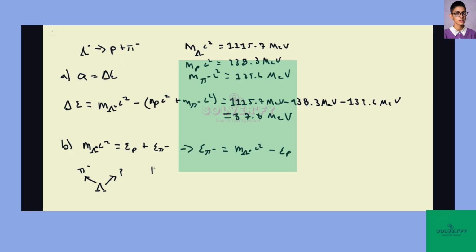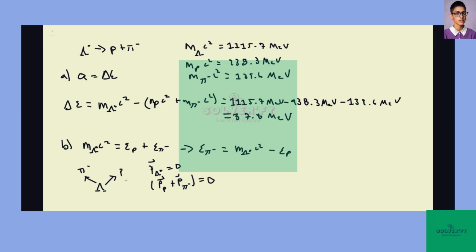So since the momentum of the lambda baryon is equal to 0, then the momentum, I'm going to put vectors here because that's important, the sum of the momentums of the proton plus the momentum of the pi meson must also equal 0.